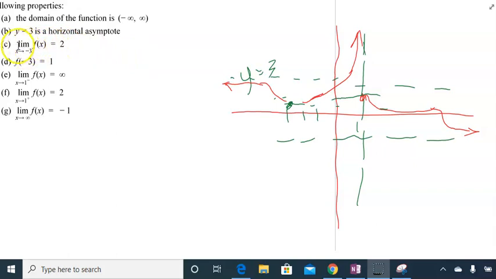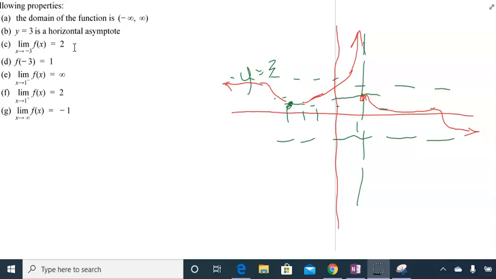Then we know the limit of f of x as x approaches -3 equals 2.